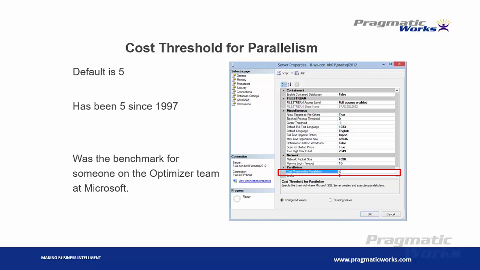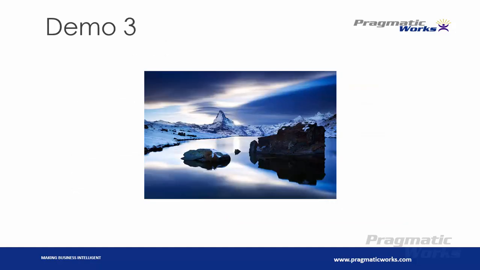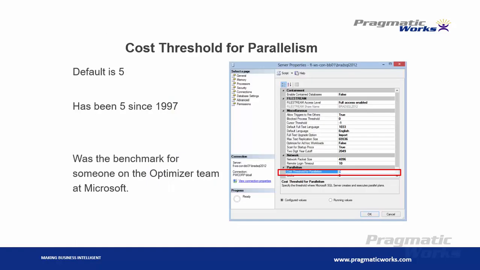This is definitely one of those configuration options that is a little bit outdated. When I configure a SQL Server, one of the first things I do after installing SQL is change this number. I change it to 25 or 50, depending on the server, and then you have to monitor the parallel plans that are executing against your server going forward to see if that is a good enough number or not.